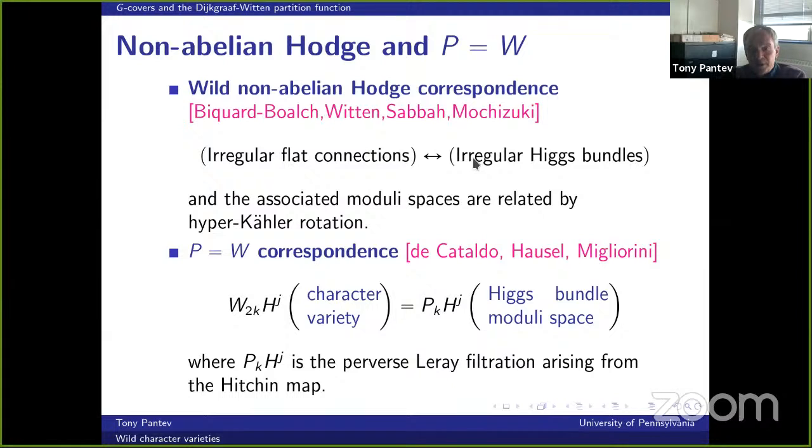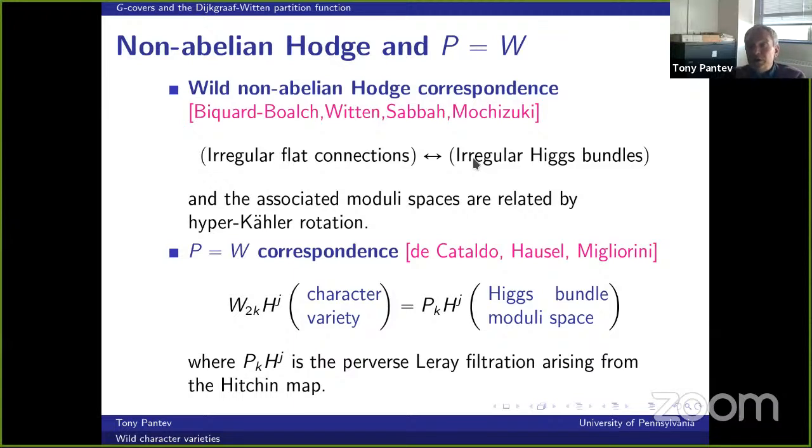And the P equals W conjecture of de Cataldo, Hausel, and Migliorini, in its extension to these irregular character varieties, says that the steps in the weight filtration for the character variety correspond to the steps of the perverse Leray filtration for the moduli of Higgs bundles. So you take the Hitchin map for the moduli of Higgs bundles, use the Leray filtration, the filtration in the abutment of the Leray spectral sequence for the intersection cohomology along the fibers.